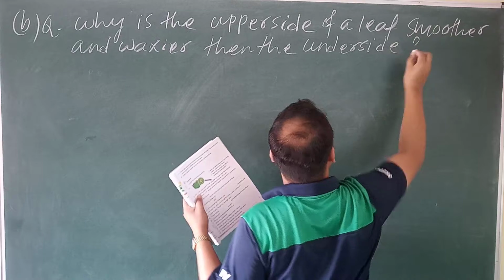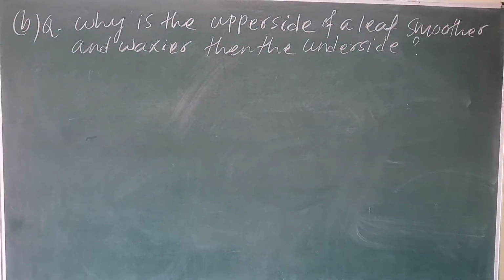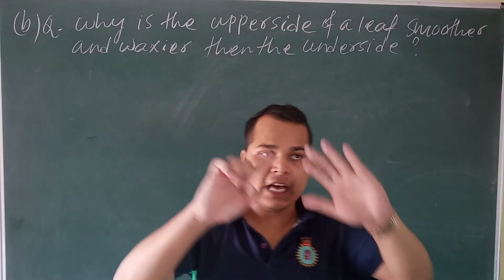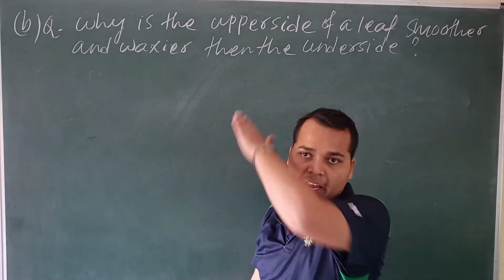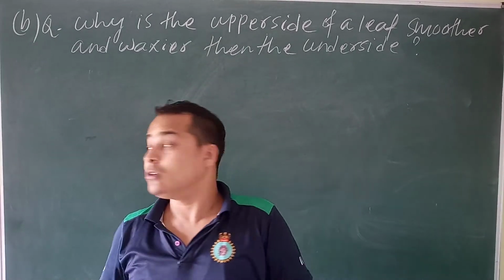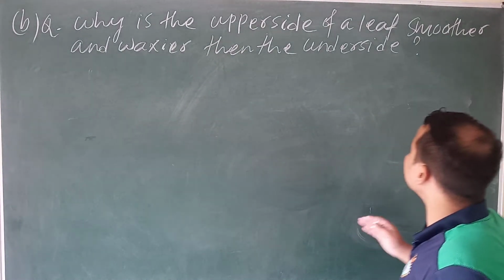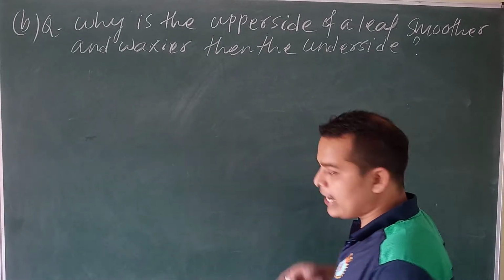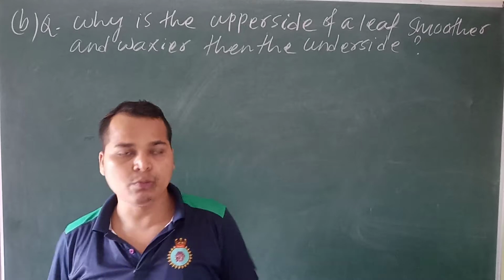Yes or no? So the question asked, okay. Already in class I saw the leaves. The upper side is smooth, and it is wax-like. And why is only the upper side smooth, but the underside is not smooth?